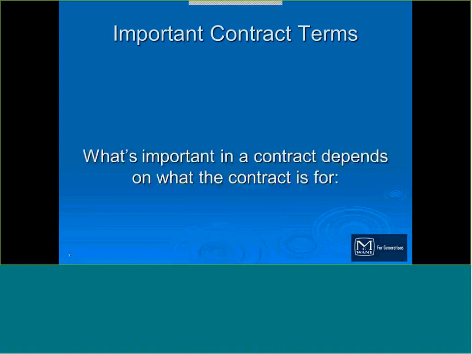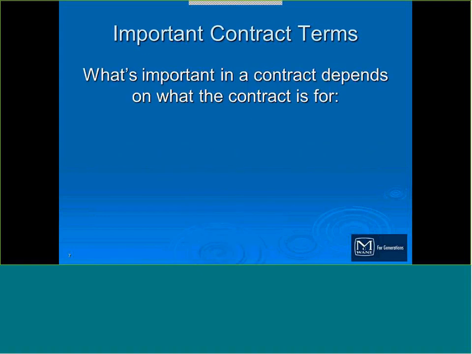So we need to pay attention to those liability terms. Now, what's important in a particular contract depends on what that contract is for. I'm going to talk about 4 different kinds that are important to McWane's businesses that we see frequently.